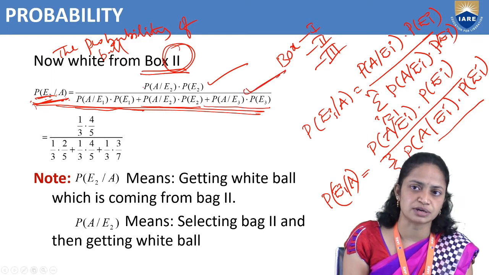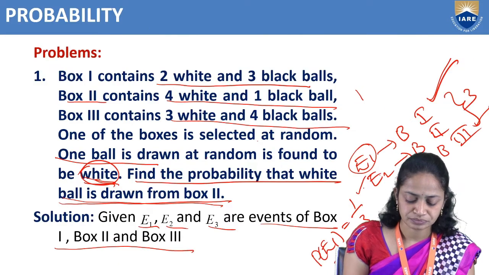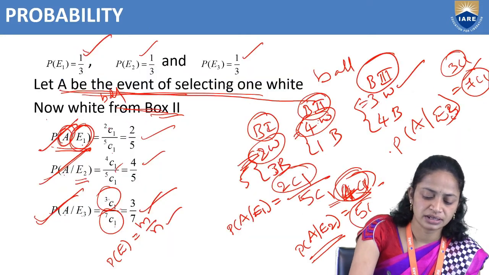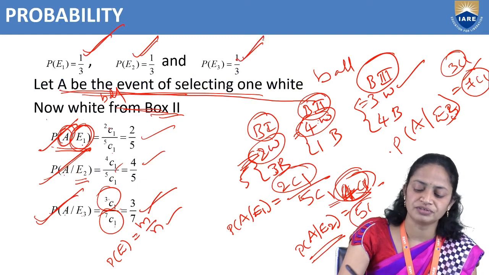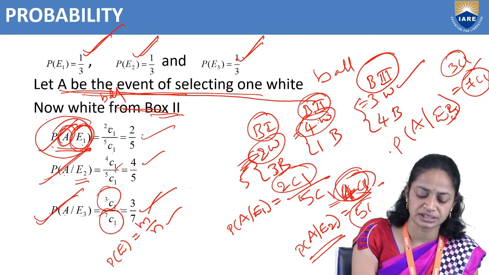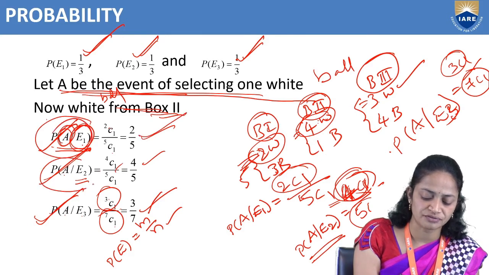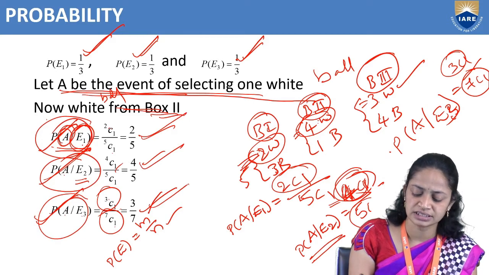So here we have to substitute all those values. We already have probability of E1 is 1 by 3, probability of E2 is 1 by 3, probability of E3 is also 1 by 3, and probability of A divides E1 is 2 by 5, probability of A divides E2 is 4 by 5, probability of A divides E3 is 3 by 7.